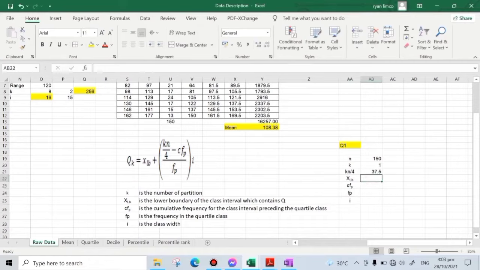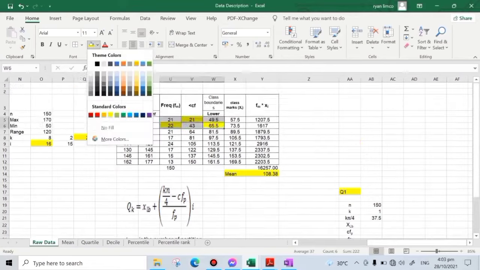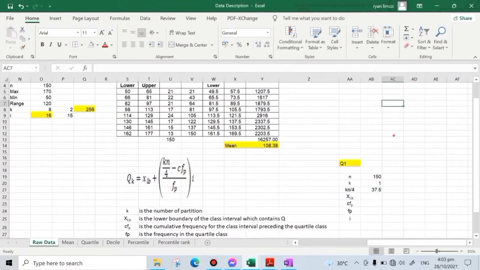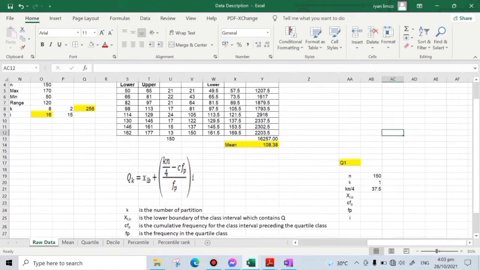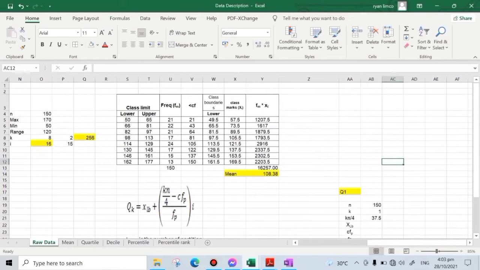And XLB is the lower boundary of the class interval which contains Q. So, hanapin natin yung class interval which contains Q. And it is 37.5. So, kung babalikan natin yung ating frequency distribution table, ang 37.5 can be found here, no? Nandito siya kay 43.